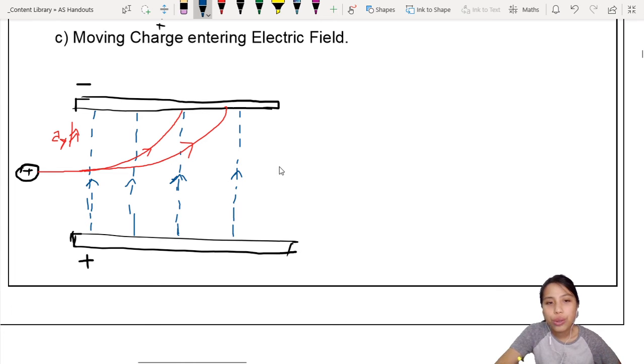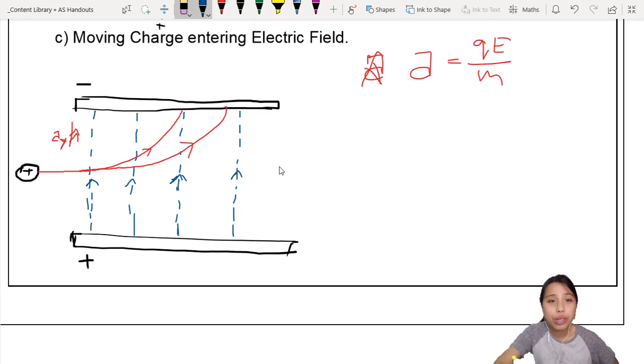If you want to see what affects these paths, let's look at acceleration. Acceleration is related to QE over M, like what we talked about earlier, right?